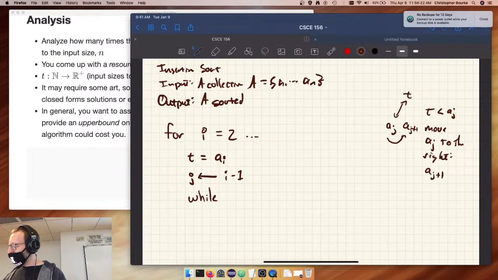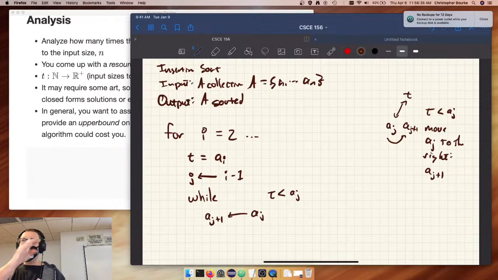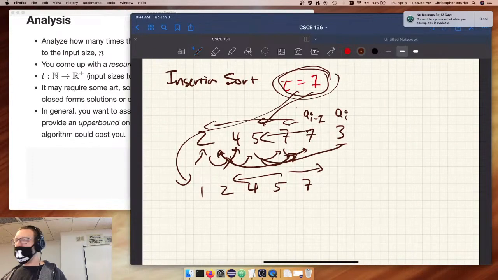All right? So while t is less than a sub j, I will say that a sub j plus 1 is equal to a sub j. Right? I'm just moving it up, because remember, by putting it into this temporary variable over here, I've freed up space for it. Right? I need to set myself up for the next while loop. So what should I do with j? Remember, it's going to go down.